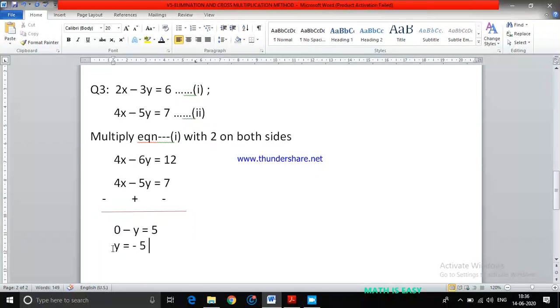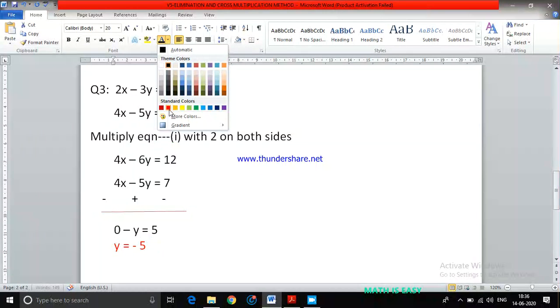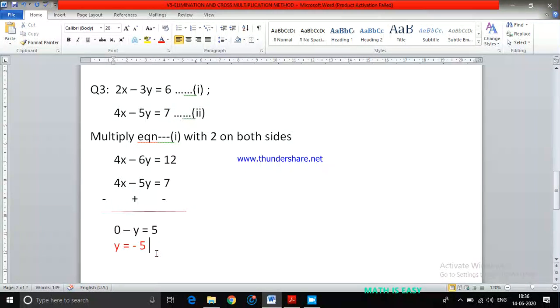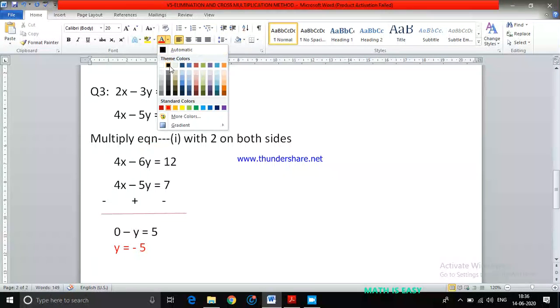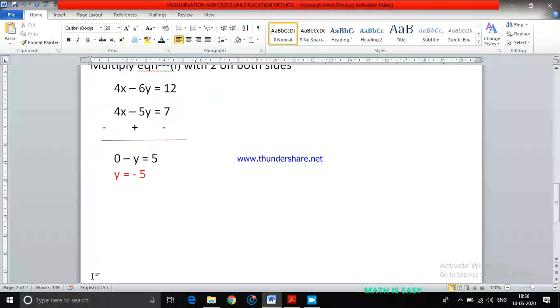So this is my y value. After getting the y value, now it will be the same as what we did in the earlier substitution method. Substitute this y value in either equation 1 or equation 2. Anywhere you can substitute. So let's see what will come. You have to write the statement, okay? Substitute y equals to minus 5 in equation 1.